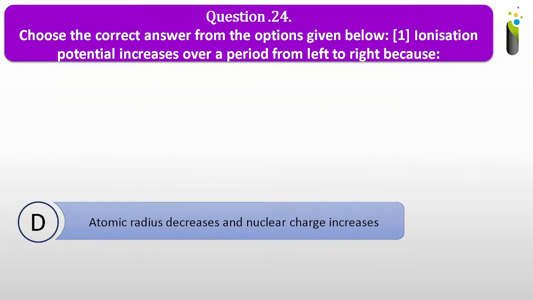And the correct answer for this question is D. Atomic radius decreases and nuclear charge increases. Ionization potential increases over a period from left to right because atomic radius decreases and nuclear charge increases.